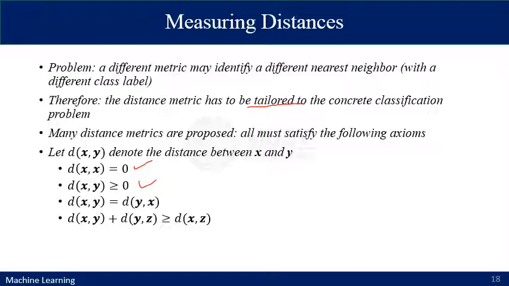The distance between two points, for example the distance between x and y, will be equal to the distance between y and x. On the other hand, for consecutive points, the distance between x and y plus the distance between y and z will always be greater than or equal to the distance between x and z. There is no chance that the direct distance will be greater than the accumulated distance.